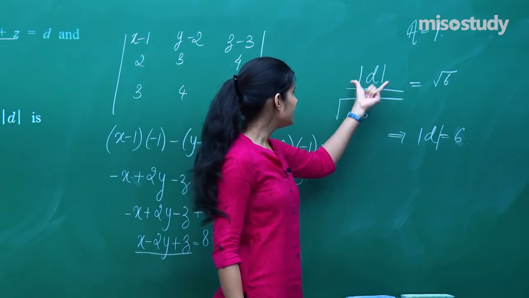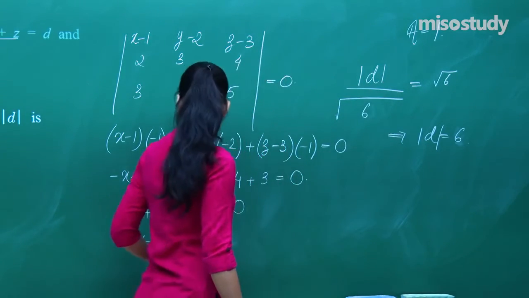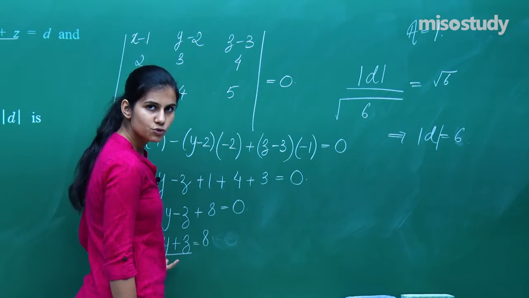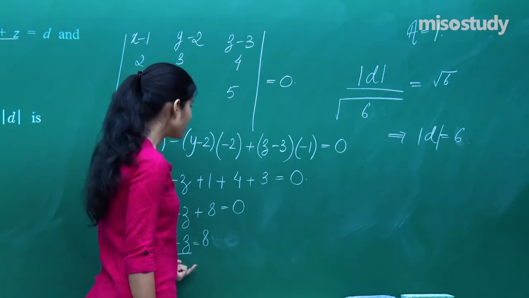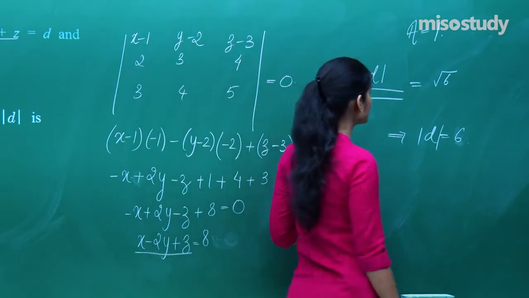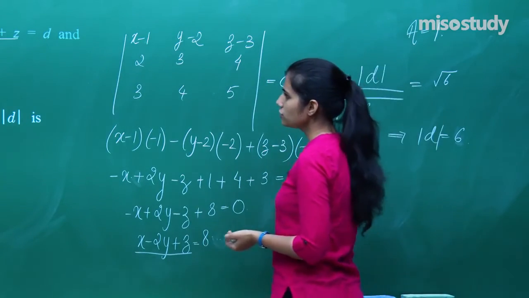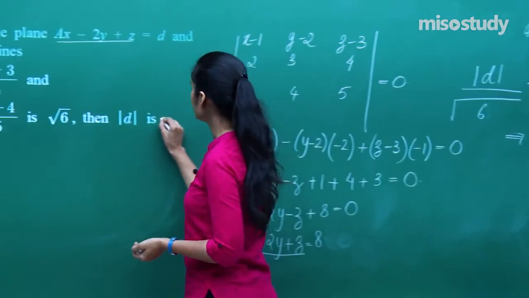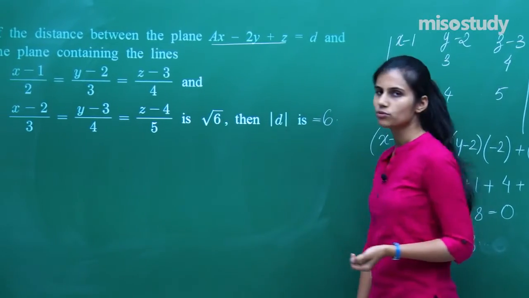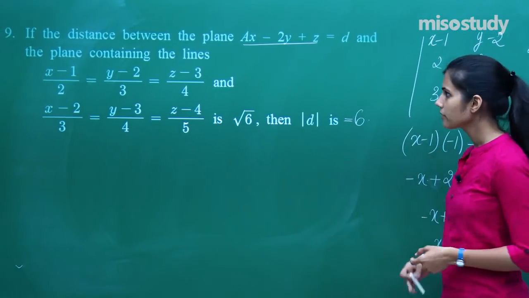Isn't it? Mod d upon root over 1 square plus minus 2 square, which is 5, plus 1 square, which is 6. So root 6 is root 6, because that is what is given to you, and therefore your answer is that d is equal to root 6 into root 6, which is 6.